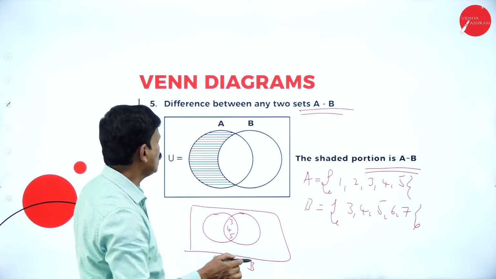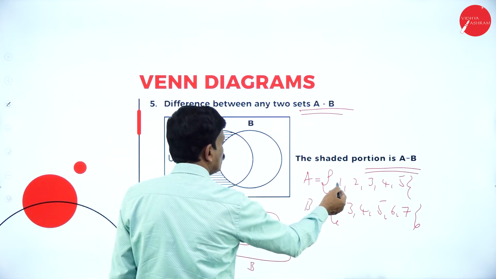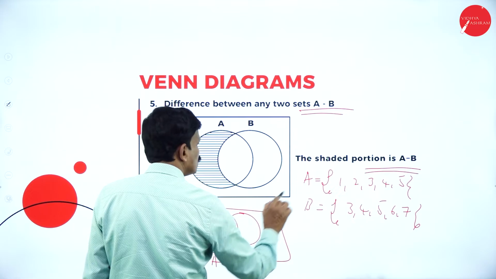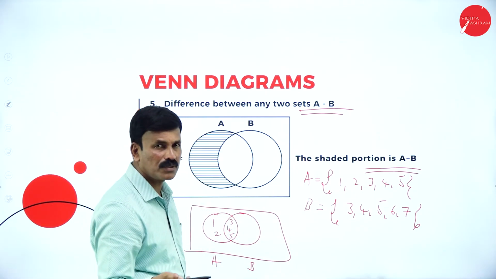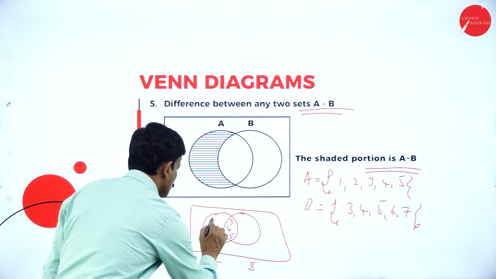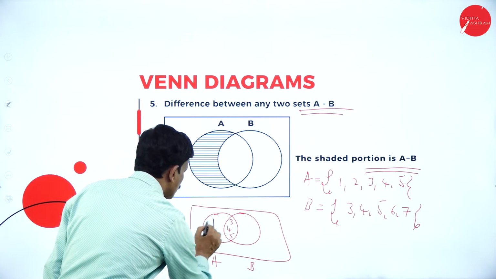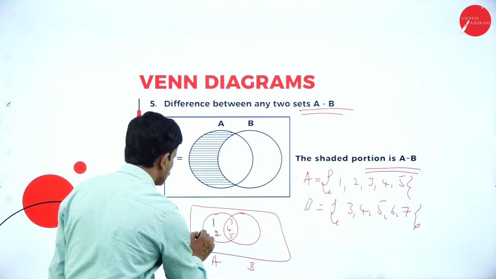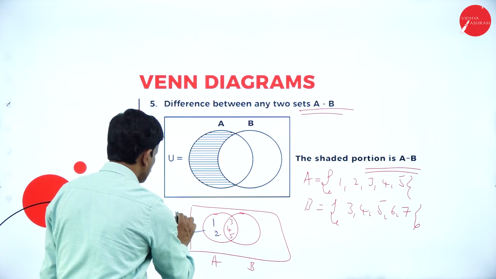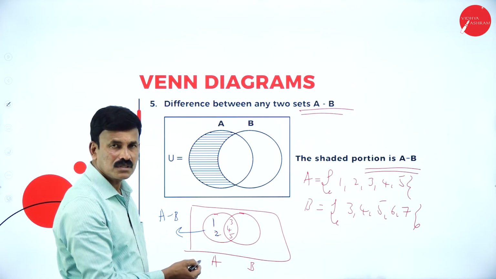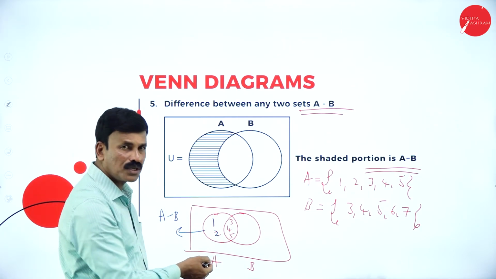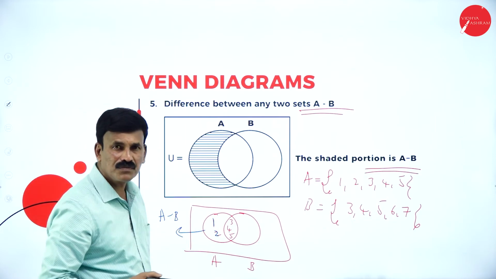So the only elements in A alone are 1 and 2. 3, 4, 5 are common, so we cannot take them. So these elements 1 and 2 represent the difference. This is called A minus B, elements which are in A but not in B. The portion containing 1, 2 is the difference of A and B.